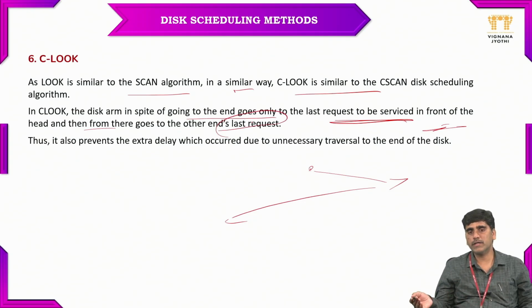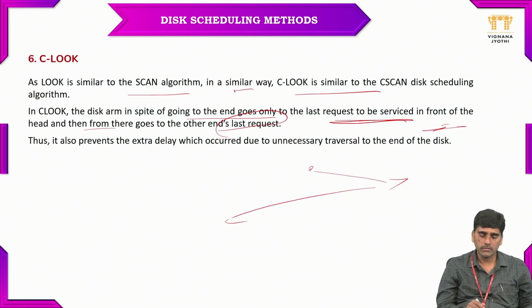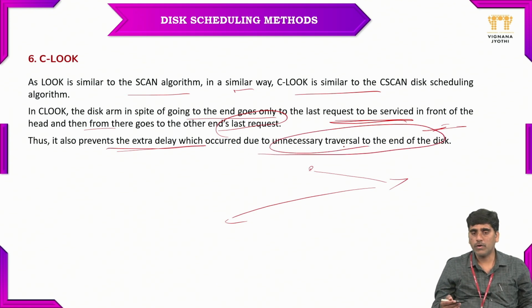So one side's end request and the other side's end request. Thus it also prevents the extra delay which occurred due to unnecessary travel to the end of the disk. So whatever disadvantage comes in the SCAN or C-SCAN algorithm will be rectified by the C-LOOK algorithm.